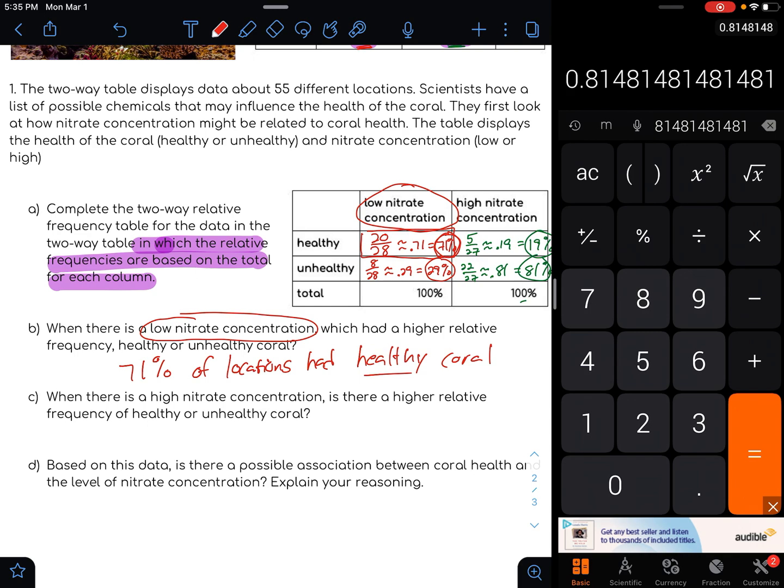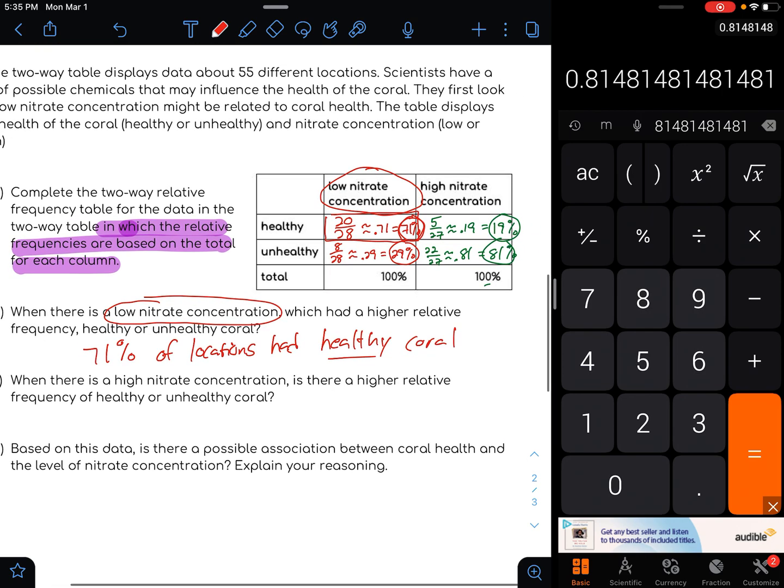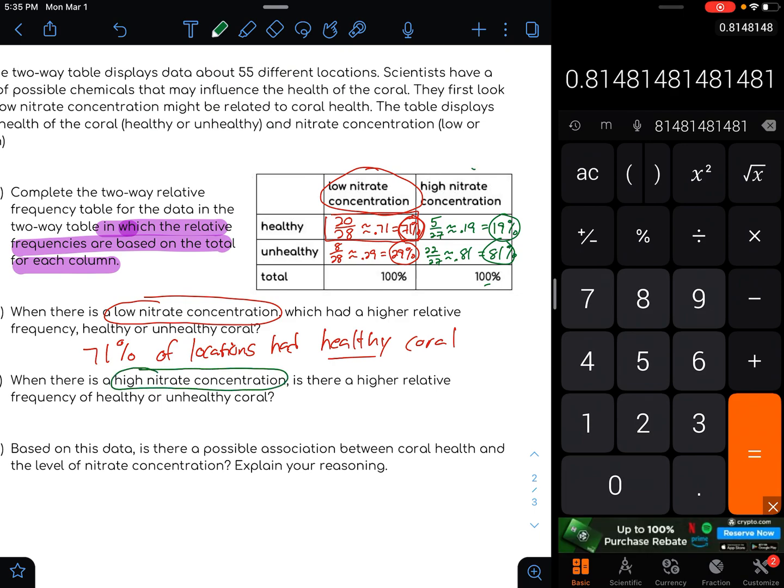Okay. Part C. When there is a high nitrate concentration, is there a higher relative frequency of healthy or unhealthy coral? Notice, once again, this time we're designating the high nitrate concentration as the focus, which means we're looking at the high nitrate concentration column. Which one had a higher relative frequency, in other words, a higher percentage?